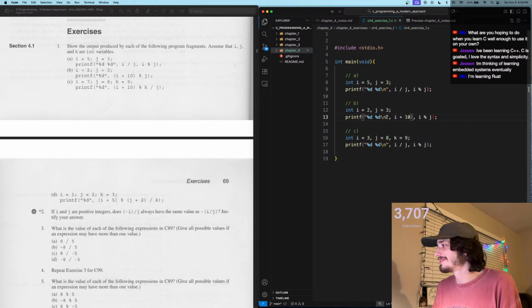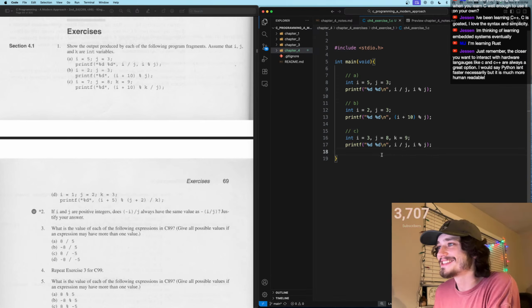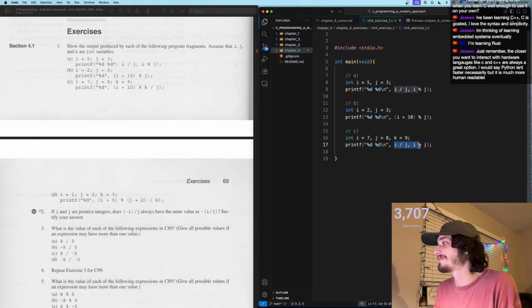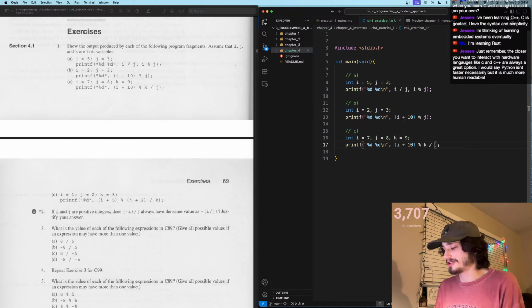Okay, pretty simple. i plus 10 for that first one. Oh, modulo by j. Interesting. Okay, and then C is 7, 8, and 9. And then it's i plus 10 modulo k divided by j.